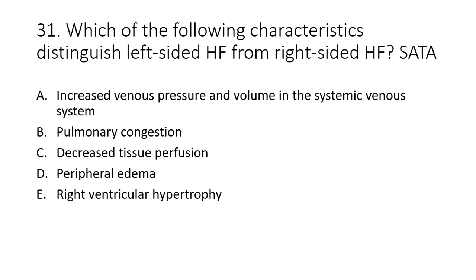Because if the left side of the heart's failing, we have to think about where that blood is coming from to the left side. It's coming from the lungs. So if our left side's failing, it's not putting enough out, and that's going to put more pressure on the lungs because that's where the blood's coming from. So then we get all clogged up because the blood's not getting out from the left side.